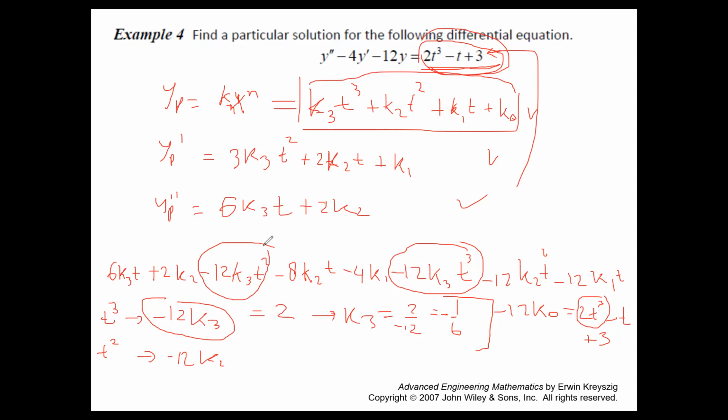Here, you missed this part of it: minus 12K2 and then minus 12K3. And then it equals what on the right hand side? Zero. Yeah, that's 0, right?